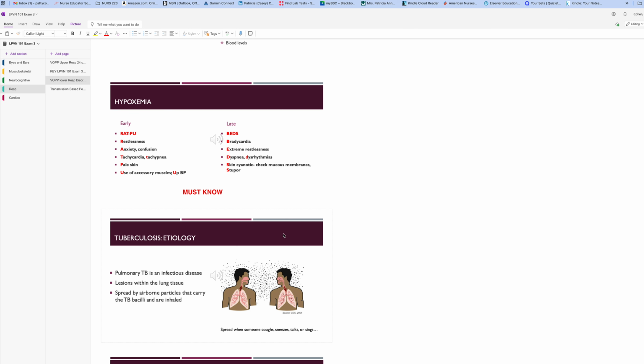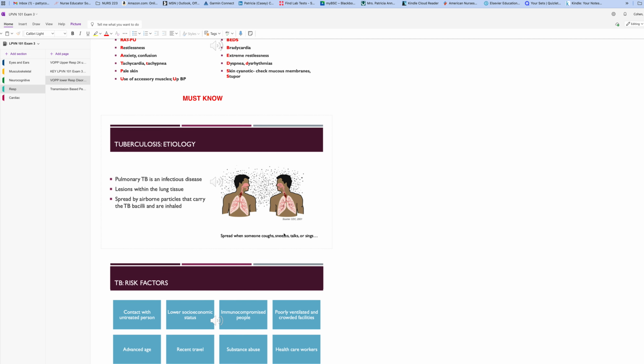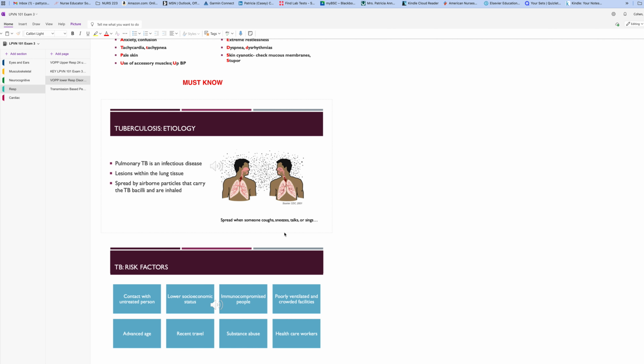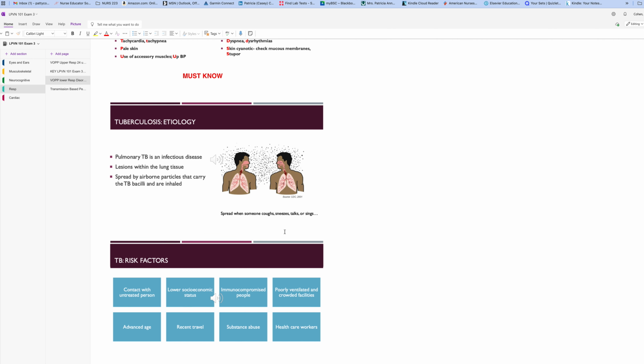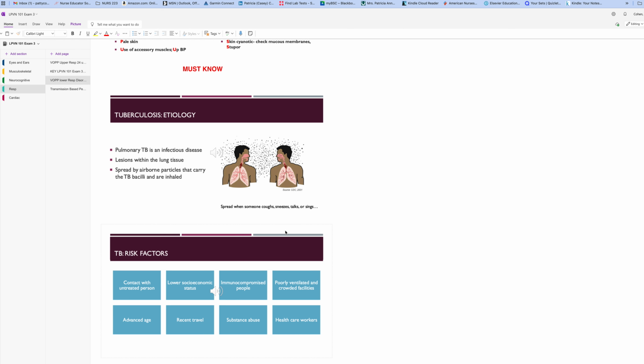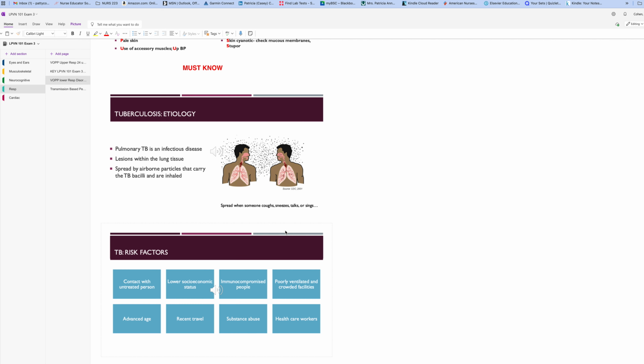Tuberculosis, highly tested, highly tested. Airborne, okay, they need to be on airborne precautions. It's an infectious disease. Usually it starts in the lungs, but TB can be in a lot of different places, okay?